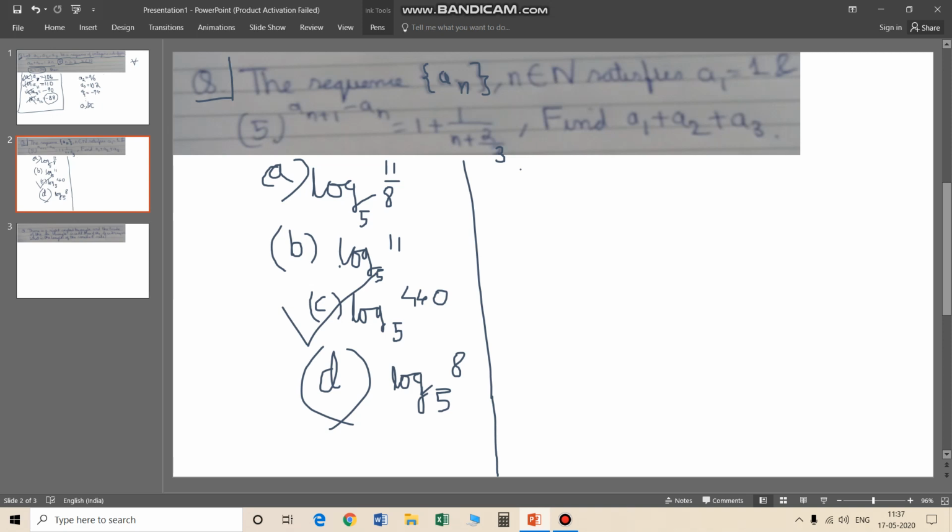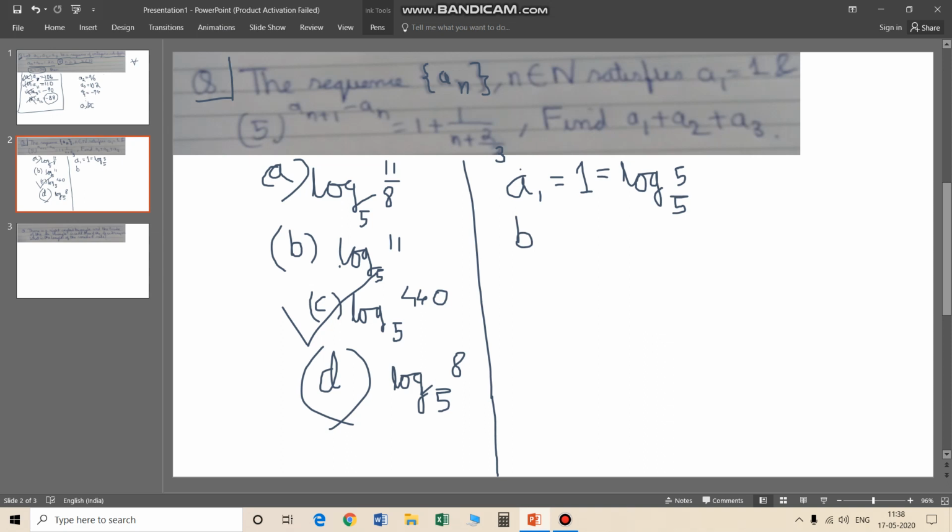A1 is given as 1, no need to worry about that, but here the answer is in log form, so we need to take some strain here and make it log 5 base 5, because options are in log base 5.